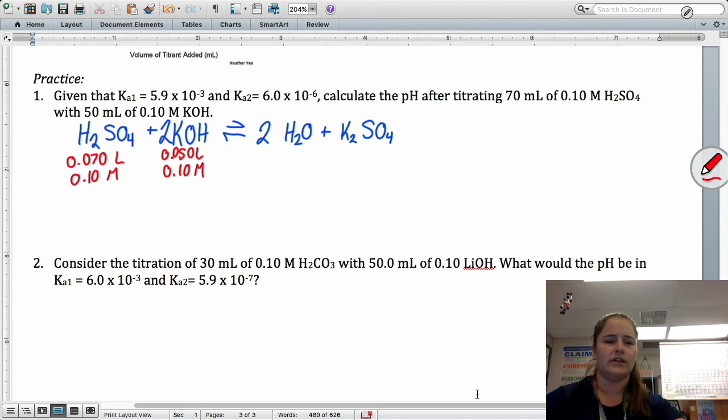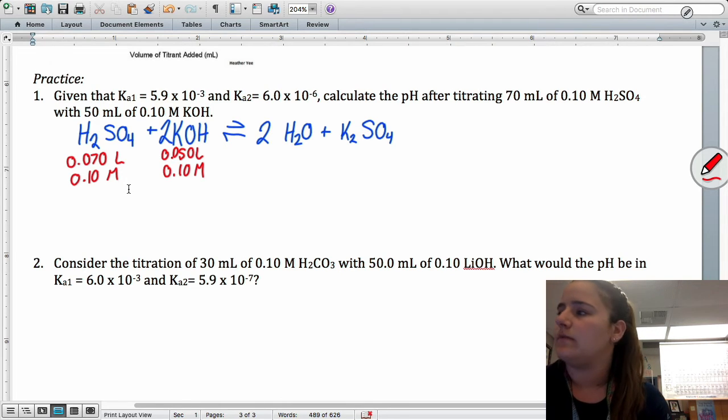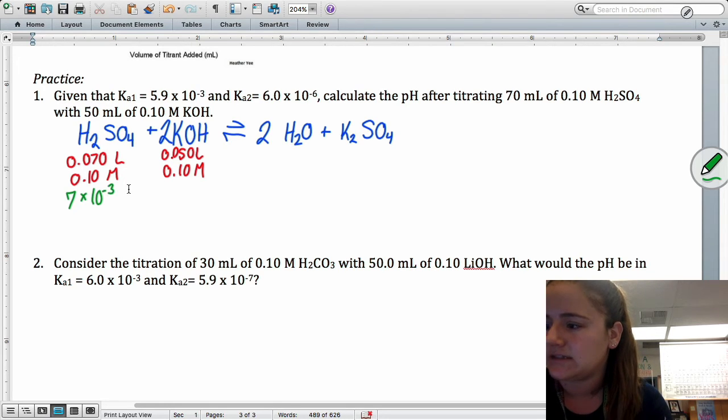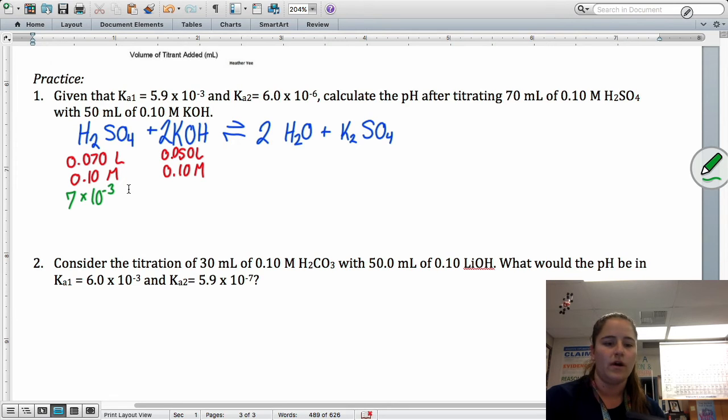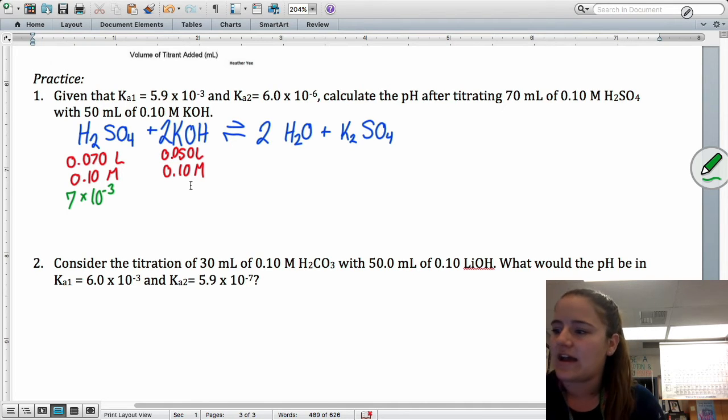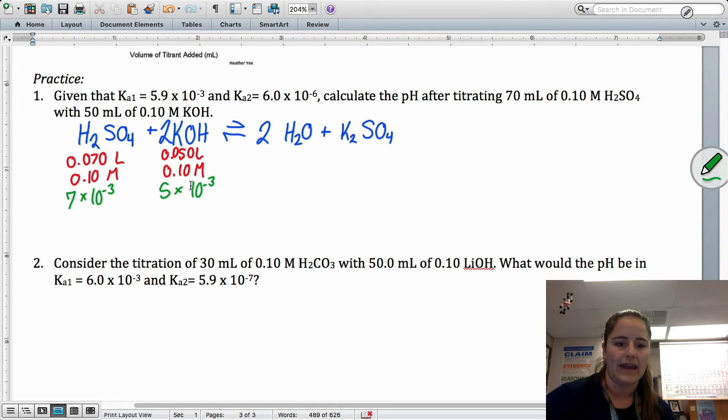Okay, so let's do real quick and convert those to moles because we want to see what we have going on in our beaker. So again, you just multiply the liters by the molarity and you get, okay, so right now we have 7 times 10 to the negative 3 moles of H2SO4, and that's reacted with 5 times 10 to the negative 3 moles of our KOH.